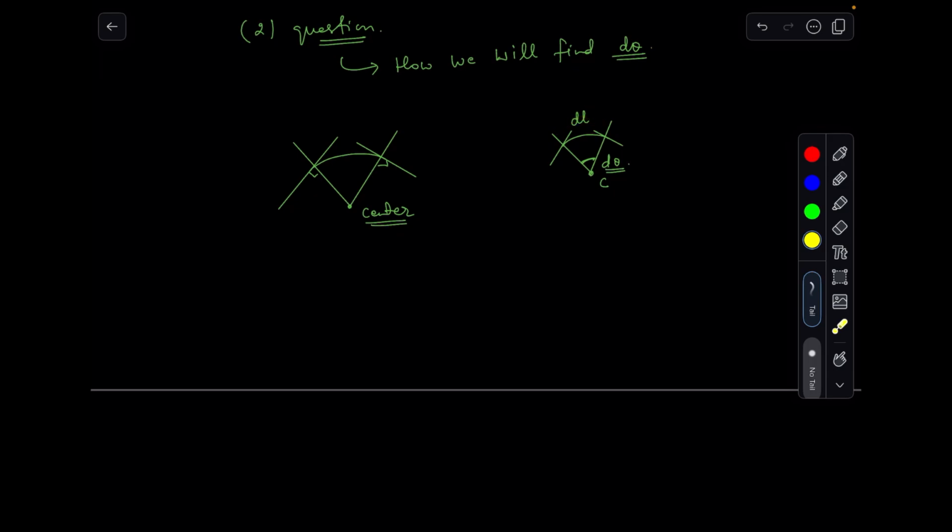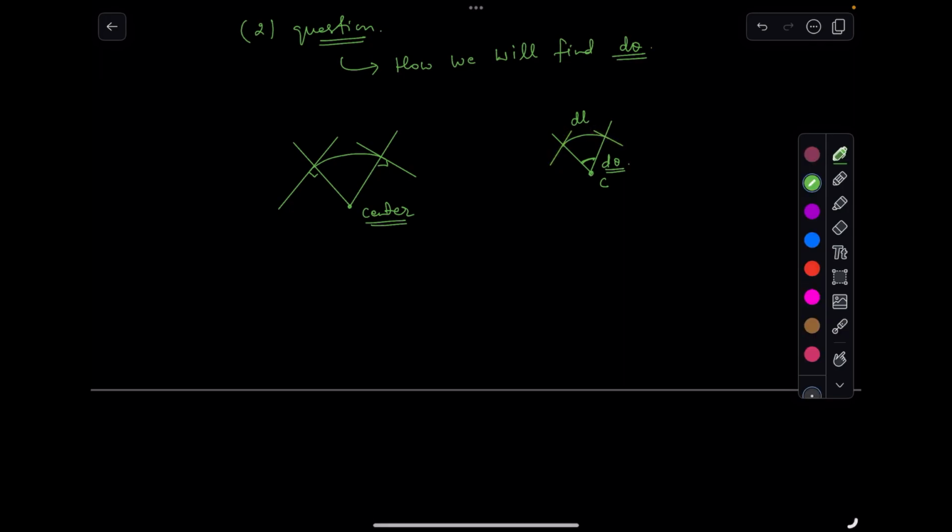I have also mentioned that if a line rotates by some angle like theta, then the perpendicular also rotates by the same angle.